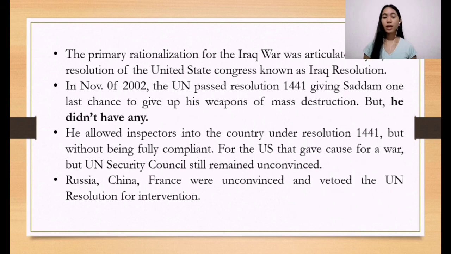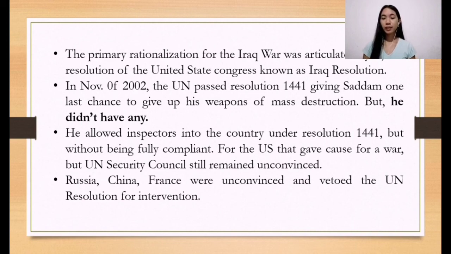The primary rationalization for the Iraq War was articulated by a joint resolution of the United States Congress known as the Iraq Resolution. In November of 2002, the UN passed Resolution 1441, which gave Saddam one last chance to give up his weapons of mass destruction. But the tricky part is, he didn't have any.